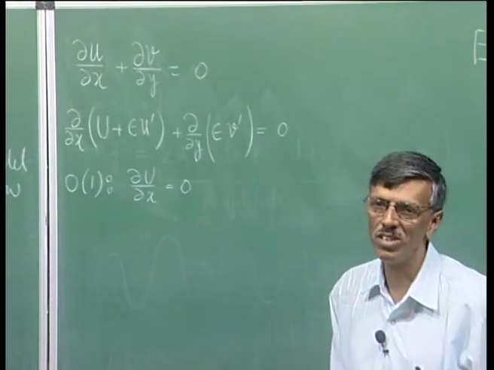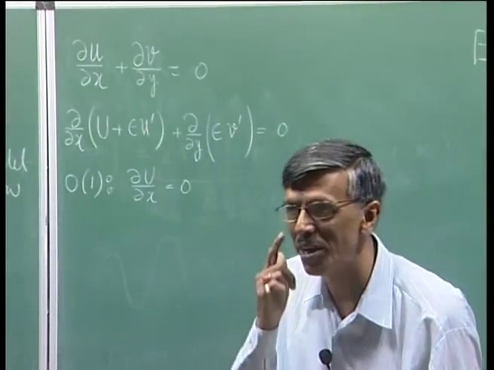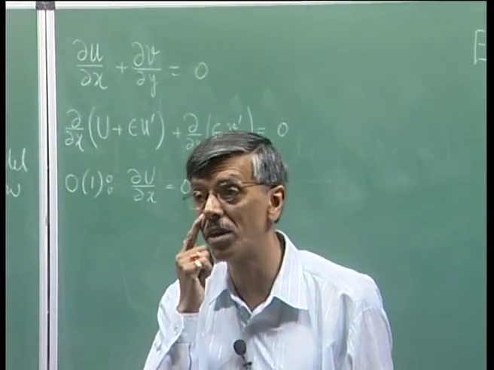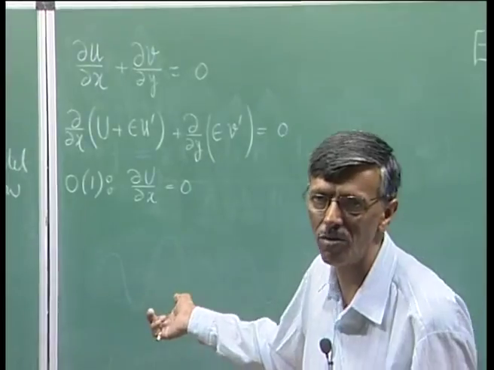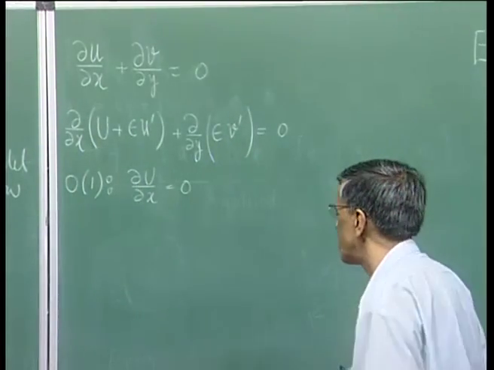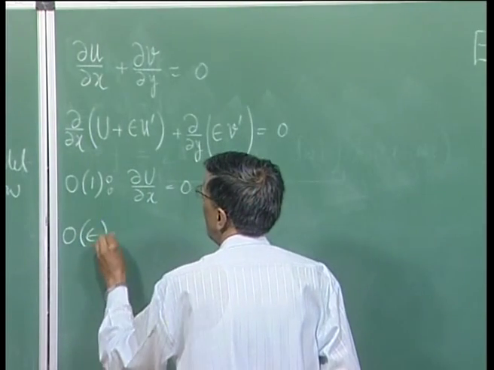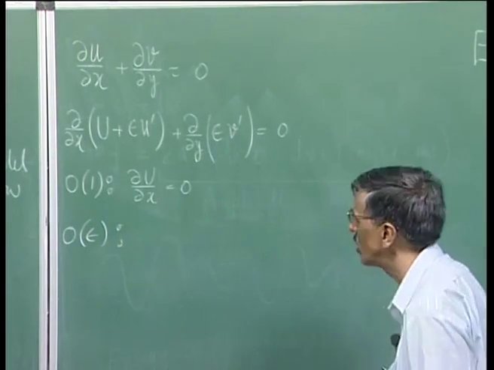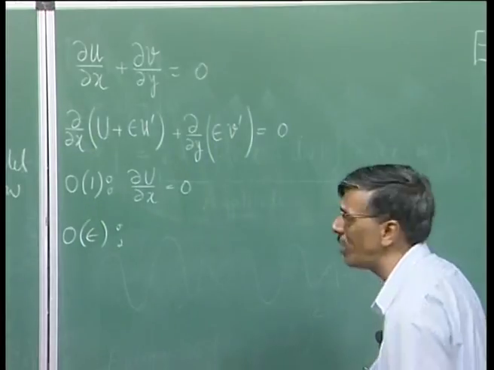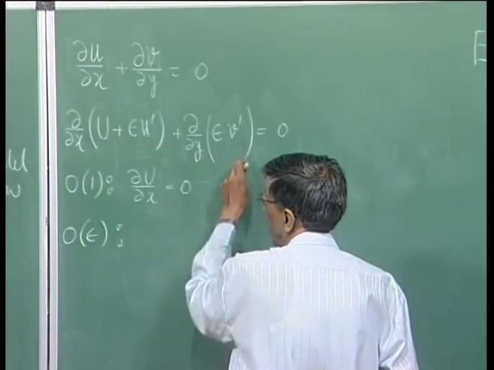And this is nothing but your restatement of what you have actually assumed, approximated, that u is not a function of x. It's a function of y alone. So there is no contradiction here. It is basically a reaffirmation of what we started with, and that's what we get. What about the order epsilon quantity? That one comes from here, one comes from there.